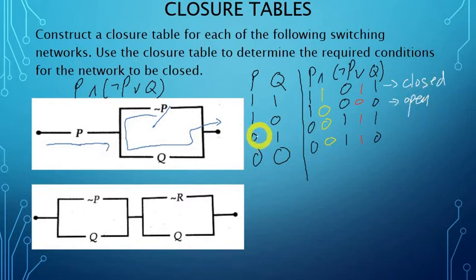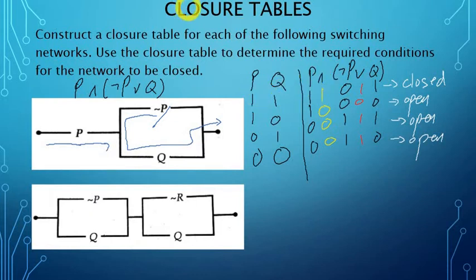Similarly, if P is open right at the start, current cannot flow anymore. So this is already open. And same, P is still open here, so this is still open. So as you can see, the truth values in our table gave us a hint that this is the only way that the network will be closed: if both switches are closed.